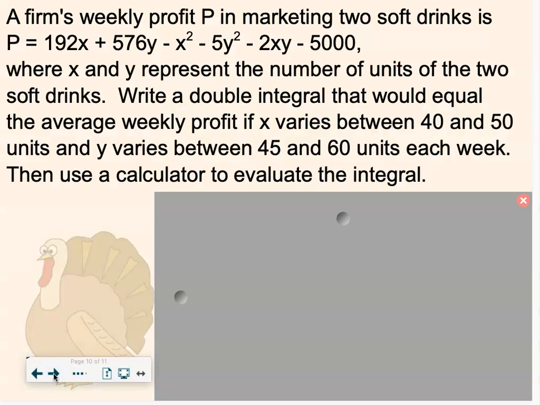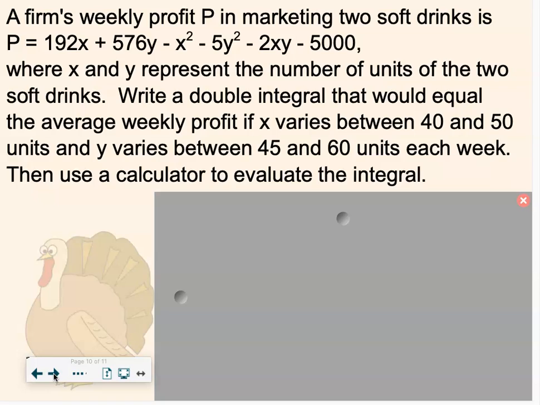All right. I have one more average value. Without evaluating, we're just going to set it up. It's actually not as hard as you'd think. It's a lot of words, but that doesn't make it harder. A firm's weekly profit in marketing 2 soft drinks is P equals that function, where X and Y represent the number of units of the 2 soft drinks.